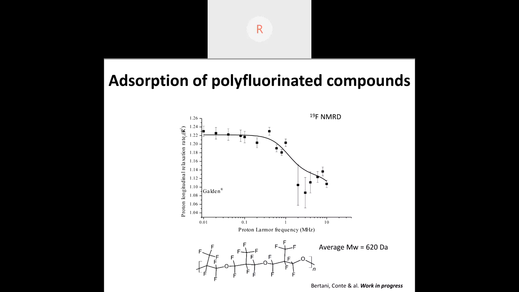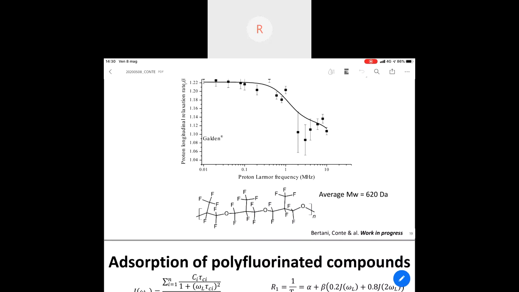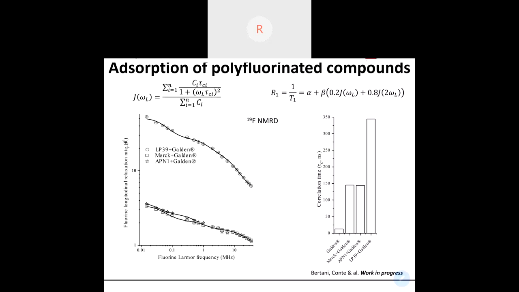And as you see, this is the typical S-shaped, Lorentzian-shaped NMRD profile for this liquid. But how does this profile become when we use biochar? Well, what you see is reported in this slide.